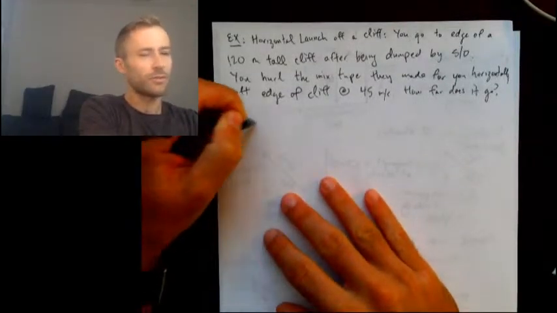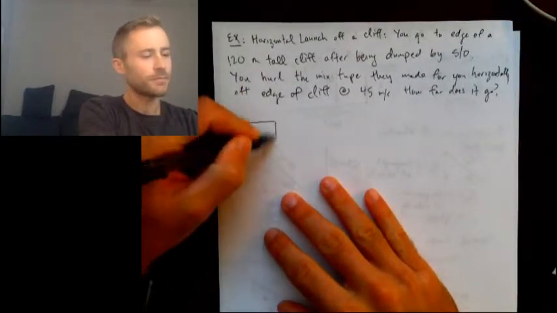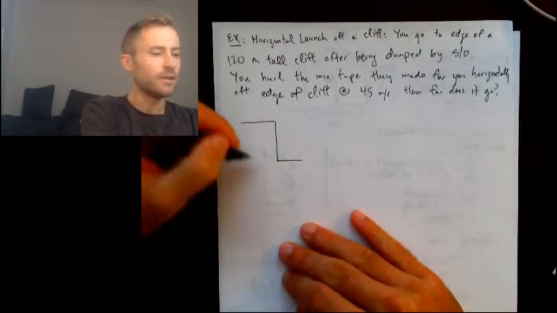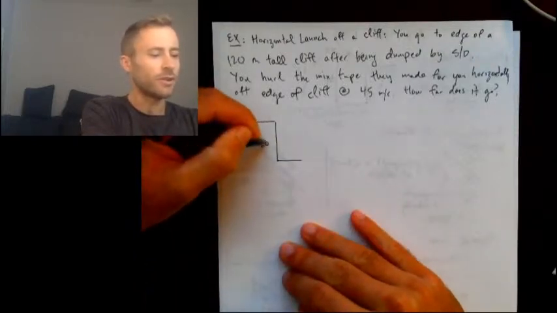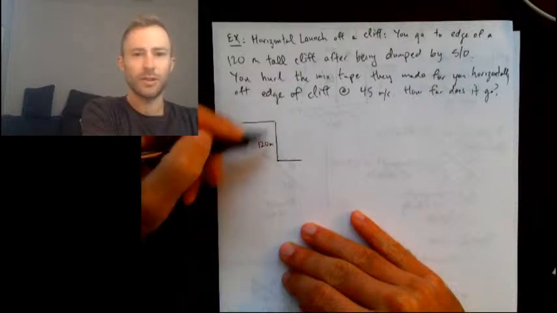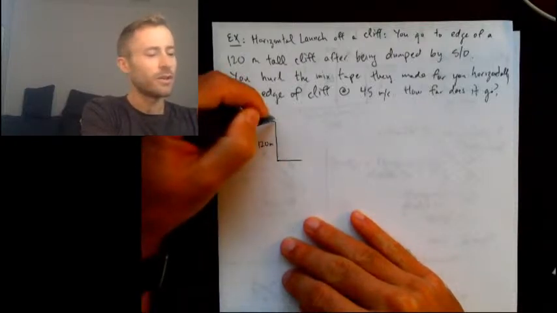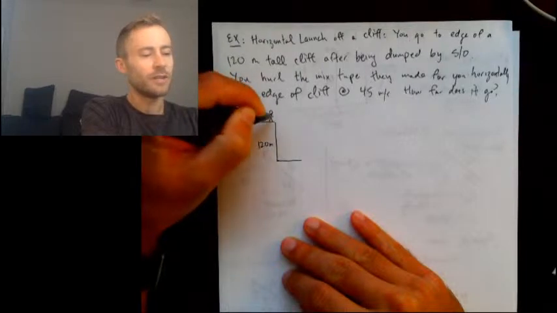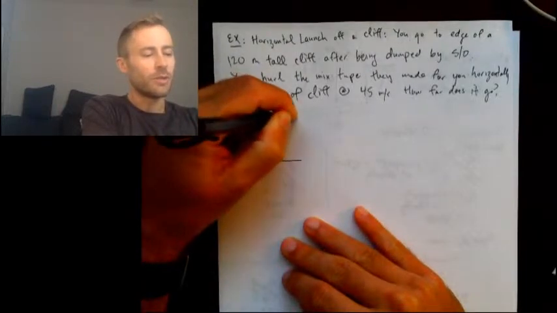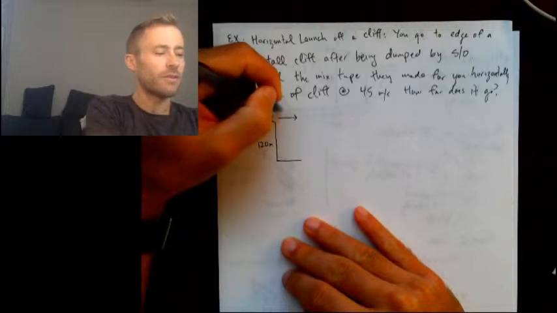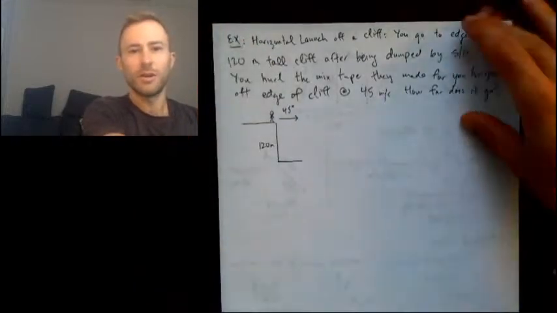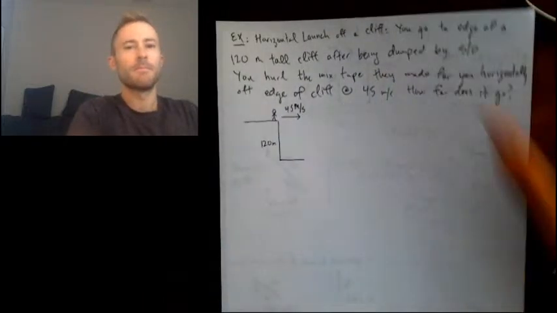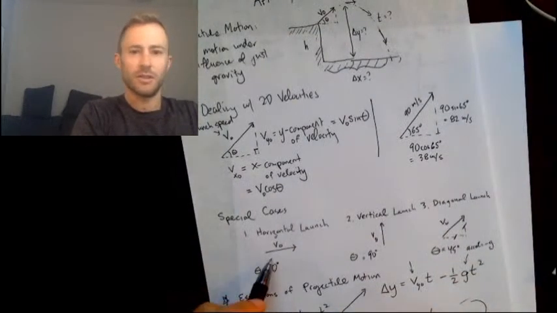Okay, so here's a picture of what's happening. Here's the cliff, and it is 120 meters tall. So that distance right there is 120 meters. Here's you. We're neglecting your own height. You throw the mixtape horizontally at 45 meters per second, meters per second, not degrees. So that means it looks like this.